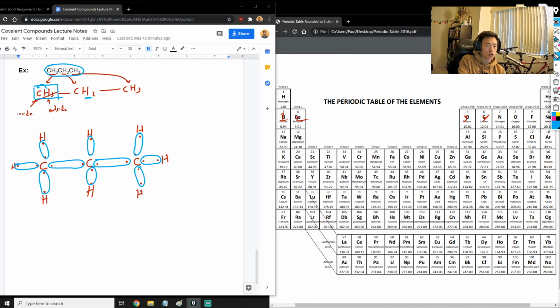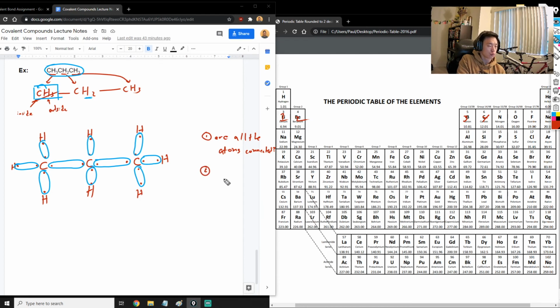And so our checklist should be number 1. This will help you check your answers and make sure you get everything correct for the quiz at the end of this week. Number 1, are all the atoms connected? So make sure that everything is connected. Here, everything's connected.